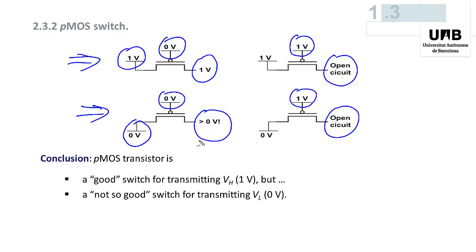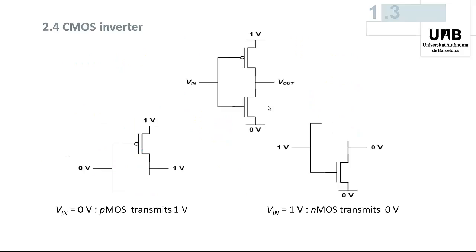So we will say that PMOS is a very good switch for transmitting high level, in our example 1 volt, but not so good a switch for transmitting low level. By connecting several transistors, we can implement small components called logic gates. The simplest one is the inverter.